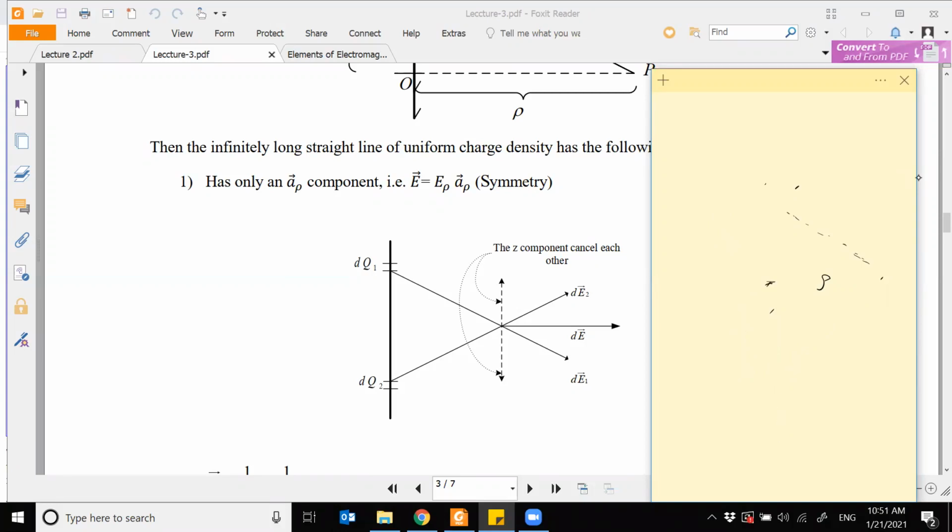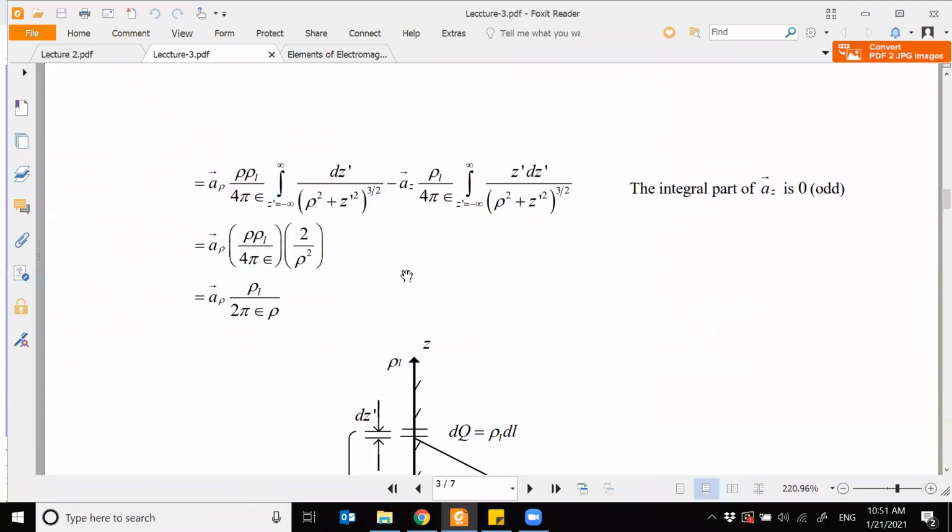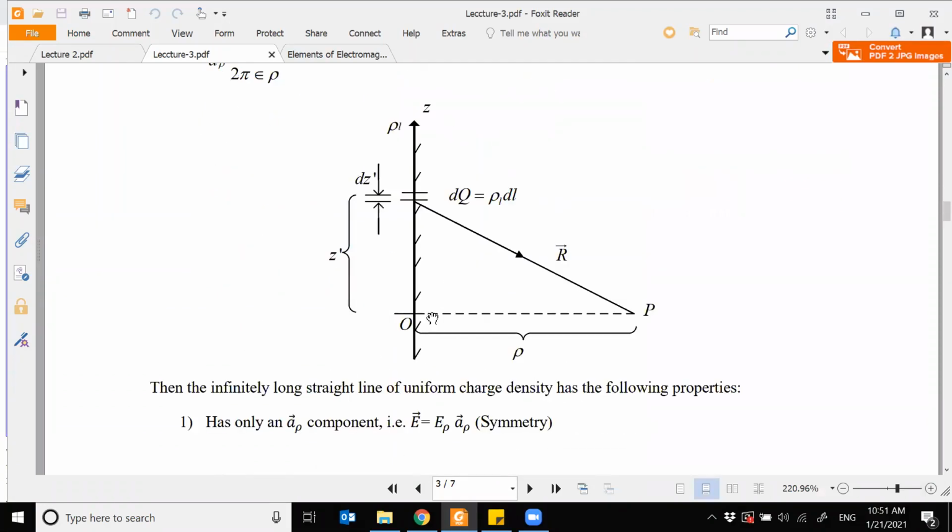So this is our line charge expression that we derived. But there is just one point which I want to emphasize before concluding: all our derivation is valid because our line is straight.